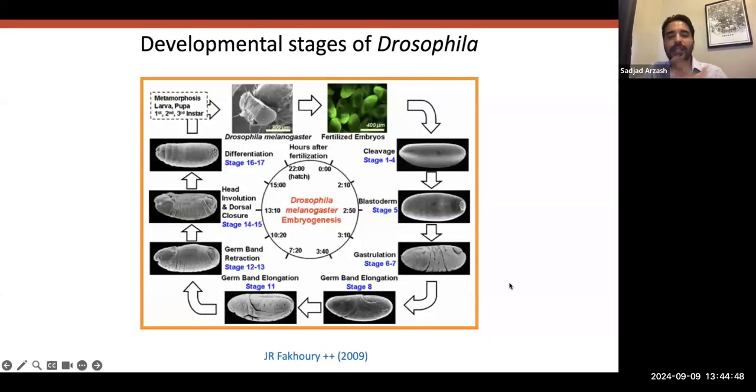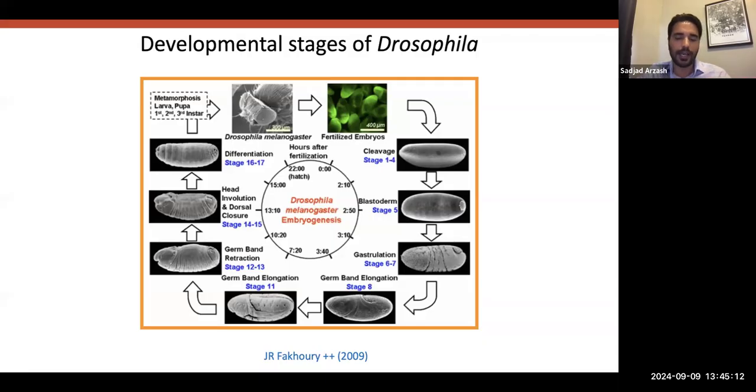To mention where that process is in the developmental cycle of the fruit fly, here I'm showing the developmental clock of this insect. The elongation of the germ band starts at the end of stage 7, and it just starts elongating and folding.